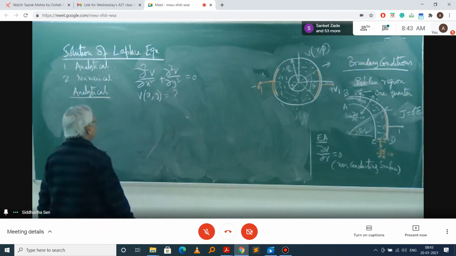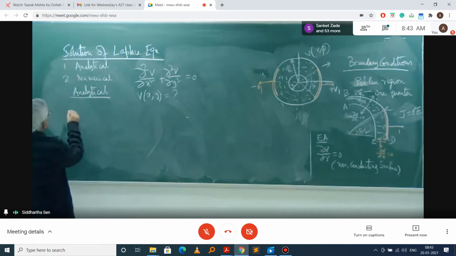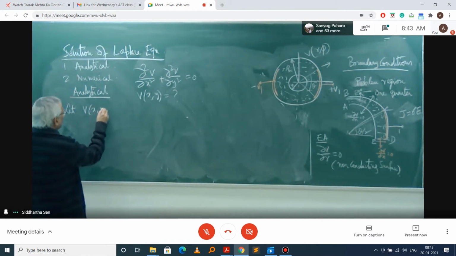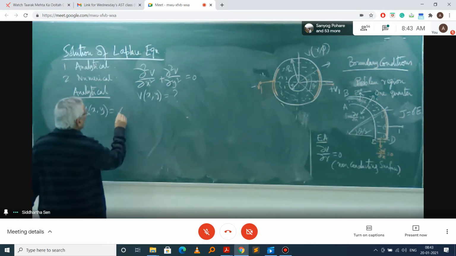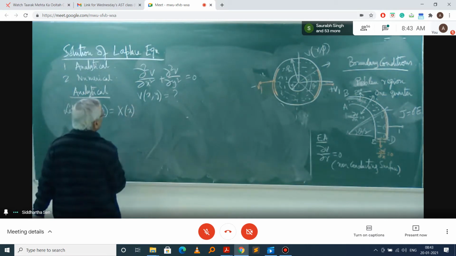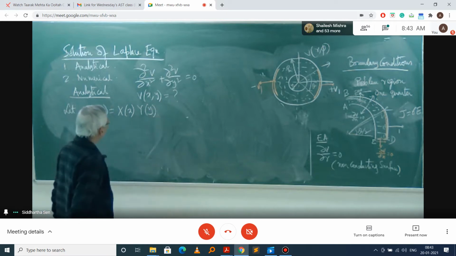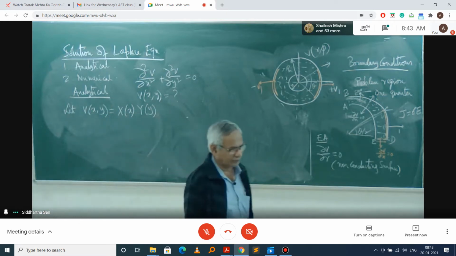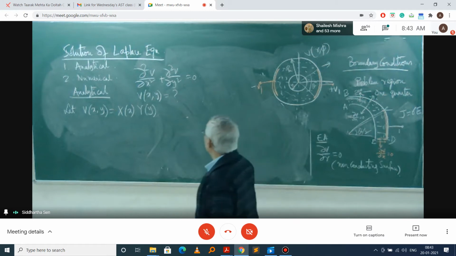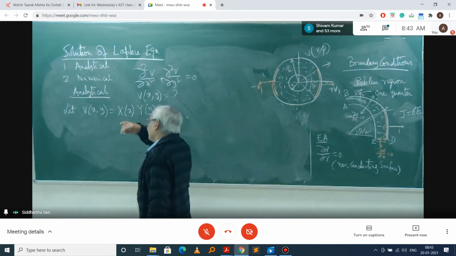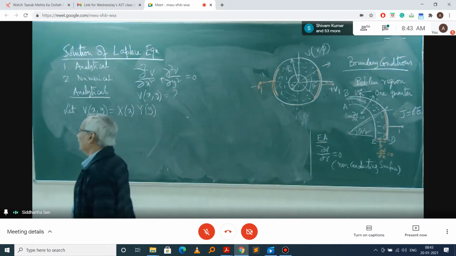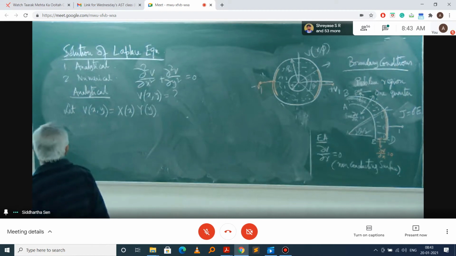So we say let V(x,y) be equal to capital X, which is a function of x, and capital Y, which is a function of y. Okay. So small x, small y are the coordinates, capital X and capital Y are functions of small x and small y.